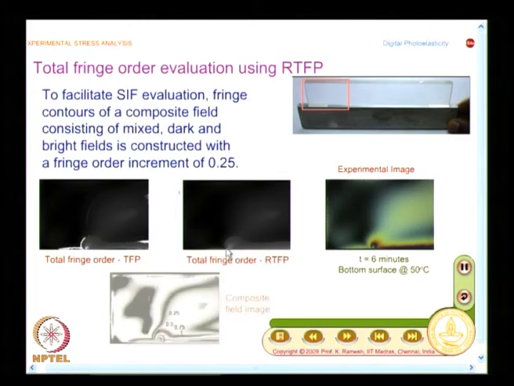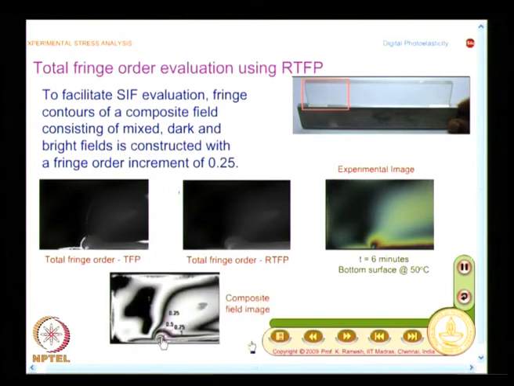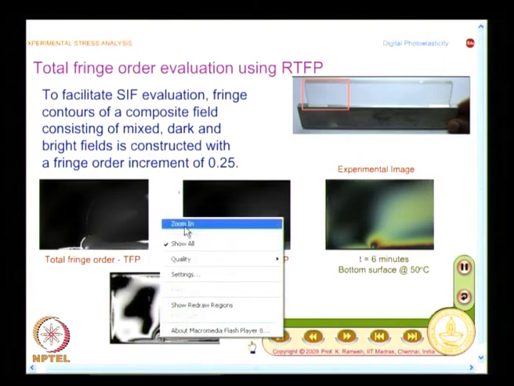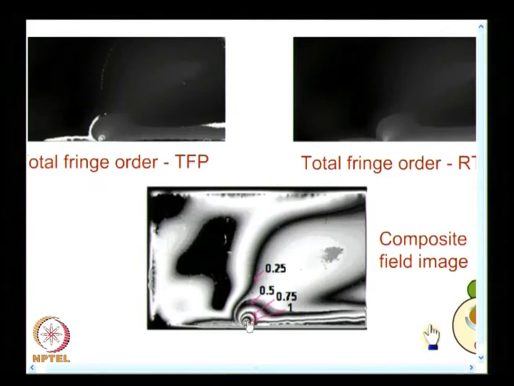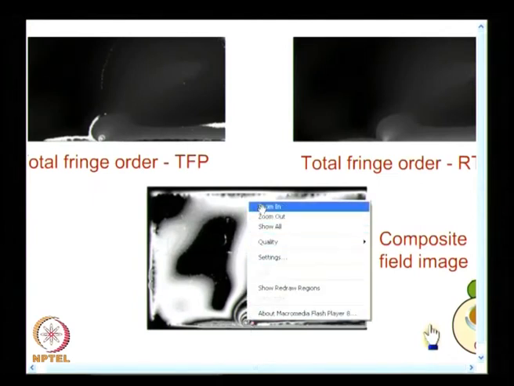And finally, from this you have the fringe patterns extracted from the whole field, and you find there is a lot of data near the crack tip. You have culled out fringe order 0.25, 0.5, 0.75 and 1, and you see more details of what happens at the crack tip.